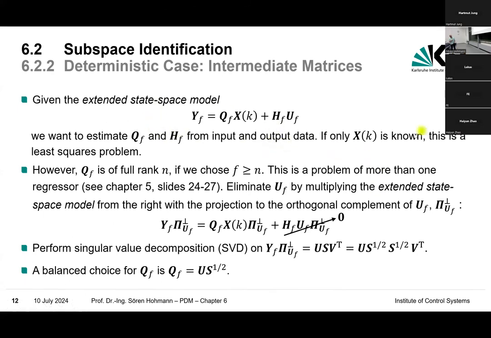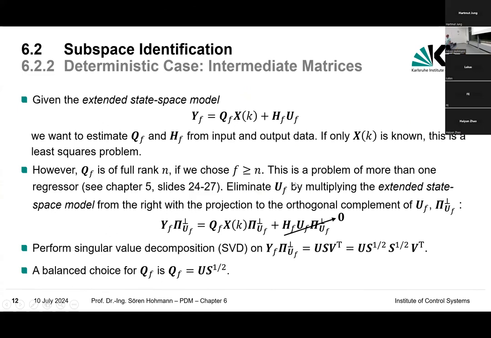If xk is known, the problem is easy. Unfortunately, UF is not known. UF is known, but we still have HF. So if we just want to get QF, we want to get a subset of our parameters. And the very simple idea is multiply this extended space with the orthogonal complement of UF from the right.